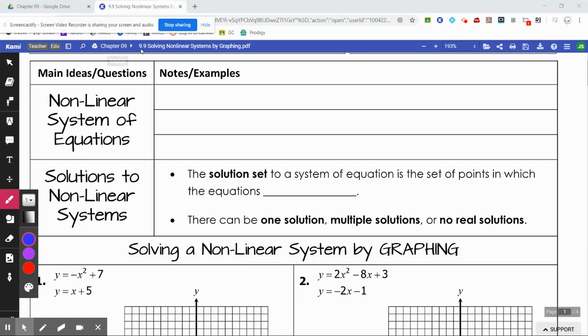In this video, we're going to be solving nonlinear systems of equations. So first off, let's talk about what we mean by nonlinear system. A nonlinear system of equations is a system in which one or more of the equations are not linear, which is exactly what it says.